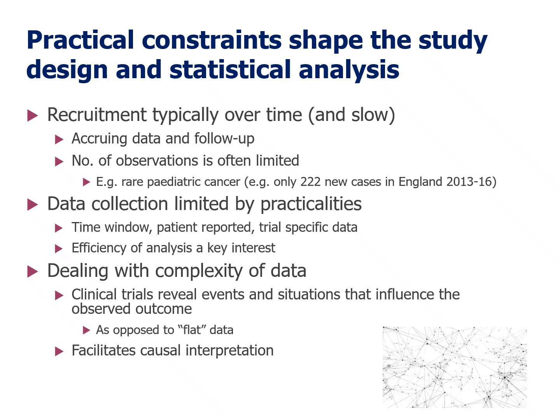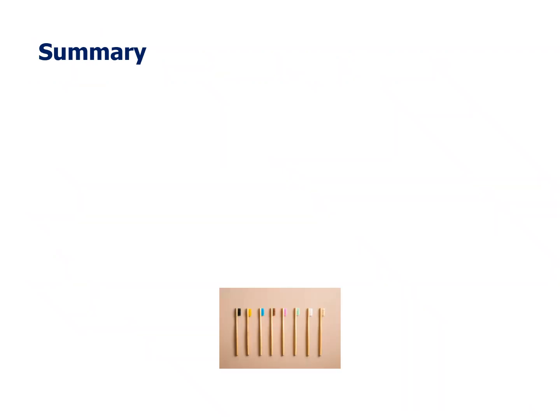And so this facilitates a causal interpretation in that we are more able to say that this causes an adverse event or leads to an increase in that rate, particularly where we have a control and a randomized control ideally.